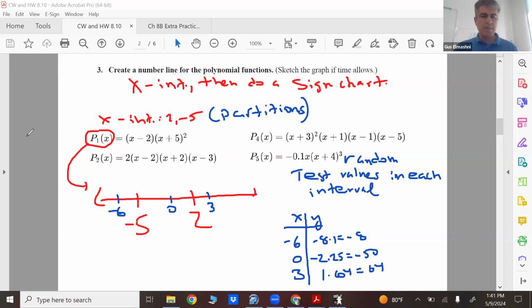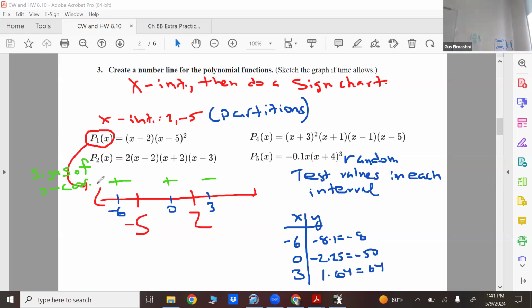So what's happening here is that everything's positive here. Everything's positive here. Everything's negative here. These right here are the signs of the y coordinates.